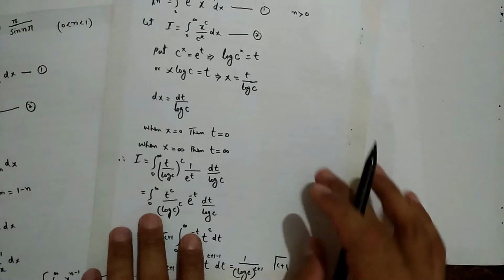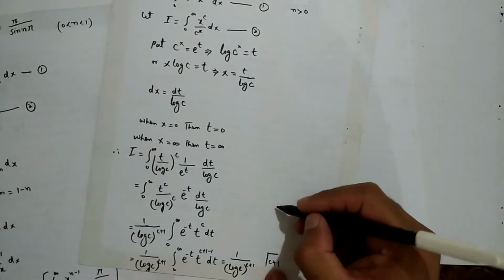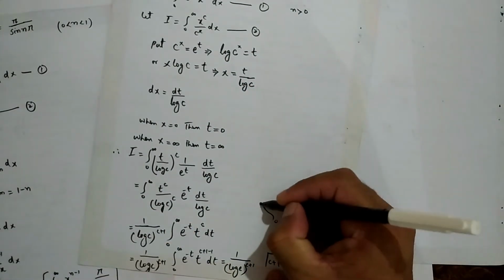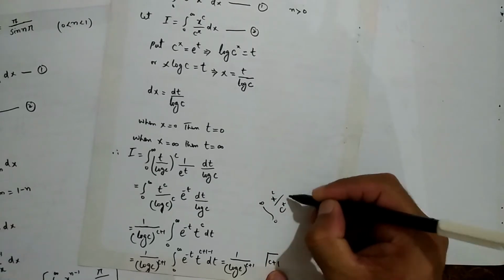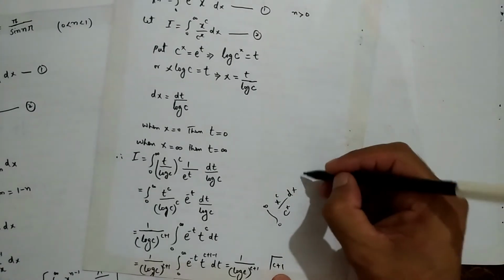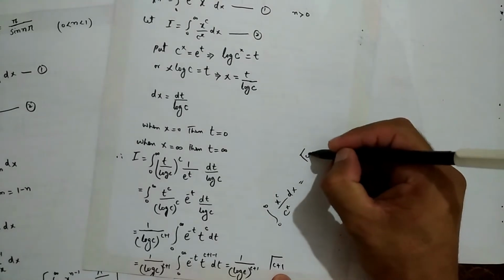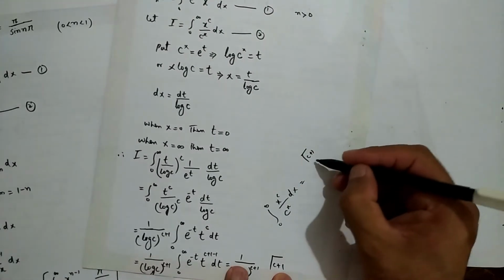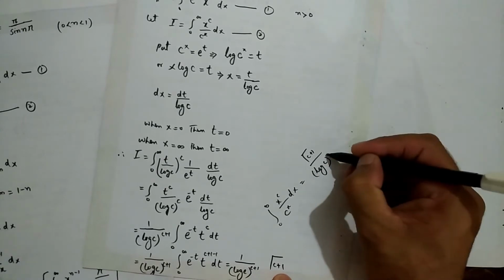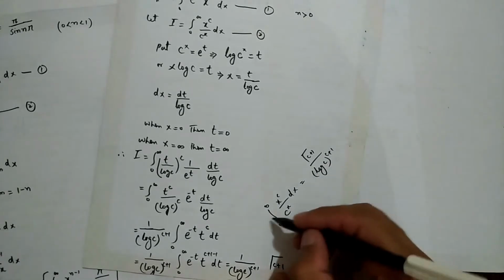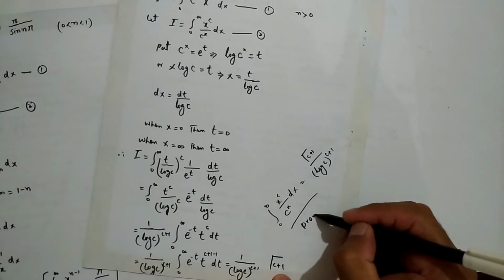So we have proven that the integral from 0 to infinity x to the power c upon c to the power x dx is equal to gamma c plus 1 divided by log of c to the power c plus 1, which is proved.